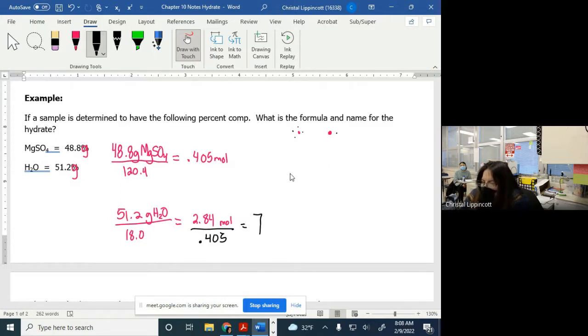So our formula for this would be MgSO4, then you do this dot, like a multiplication dot, and you put the 7 from your calculation, H2O. That means that there's 7 for each one of those crystals. There's 7 waters attached to that crystal. That's not bad. Okay. The name of this then would be magnesium sulfate.